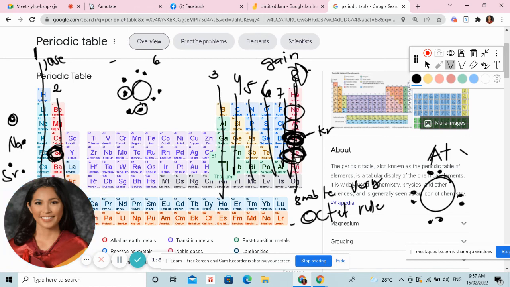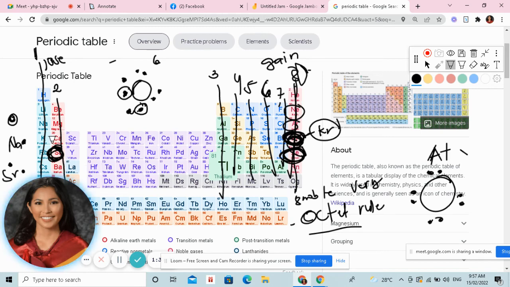I cannot do that, so what I will do is lose electrons to become isoelectronic with krypton. Again, the noble gases are their standard. So aside from achieving the octet rule, they become isoelectronic, meaning they have the same electrons as krypton.